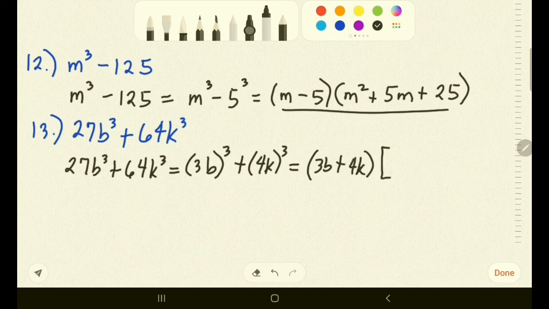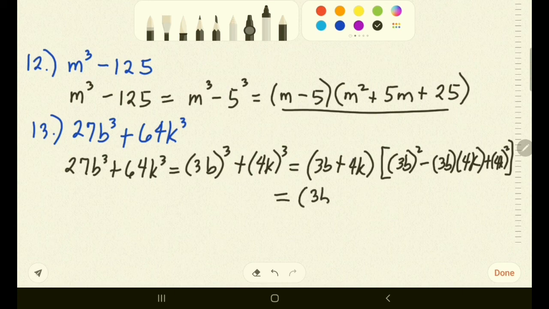And then square of the first term of binomial factor, which is 3b squared, minus multiply the two terms 3b times 4k, and then plus square of 4k. Okay, simplify.